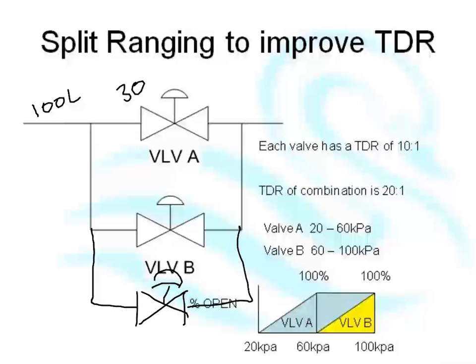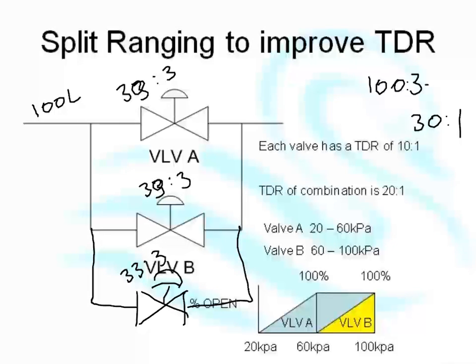So that one can take, let's say, 30 litres. So the minimum flow, that will go 30 to 3. That one will go 30 to 3, or 33 to 3. 33 to 3. And this one will go 33 to 3. So the minimum flow will be 3. The maximum flow will be 100. 100 to 3, or 3.33, is 30 to 1. So every time I stick another valve on this, I increase the turn down ratio by another 10.